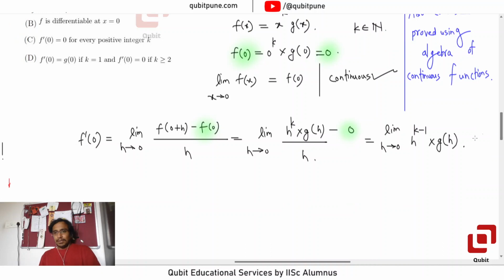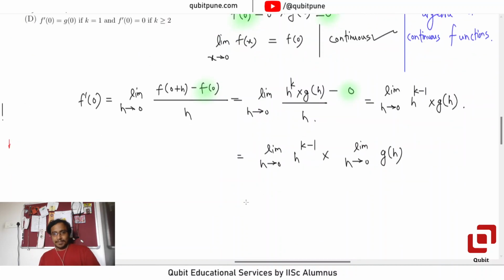Now look, I can write it as limit as h tends to 0, h raised to k minus 1, into limit as h tends to 0, g of h. Because g of x is continuous, as h tends to 0, this should tend to g of 0. But what about this?